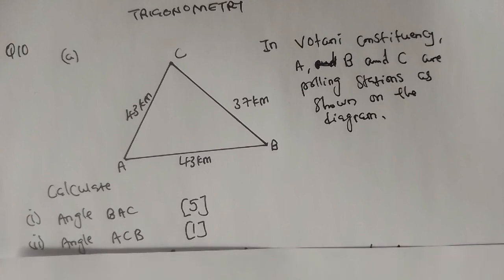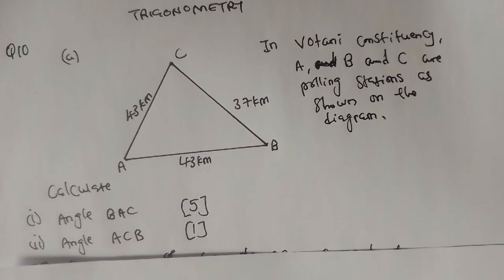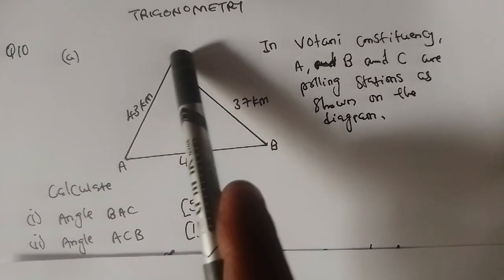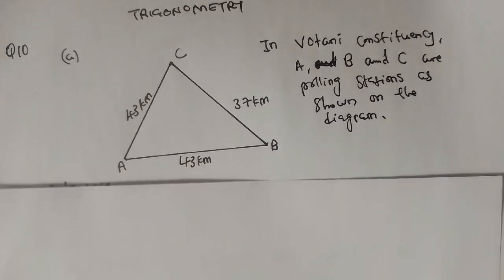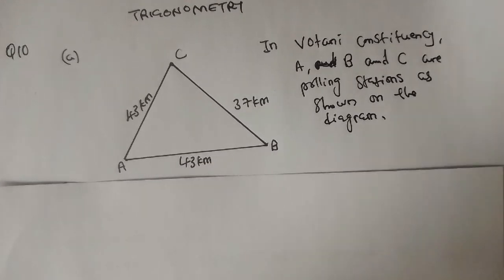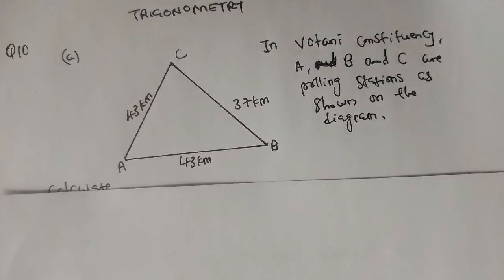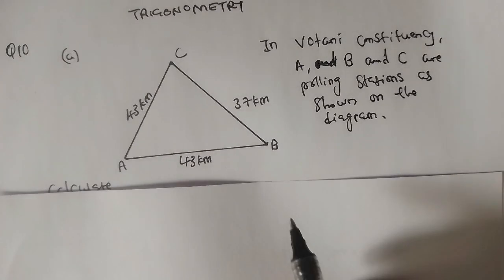Now for us to calculate angle BAC, looking at this non-right-angled triangle, you have to use the cosine rule, where you're given all three sides.